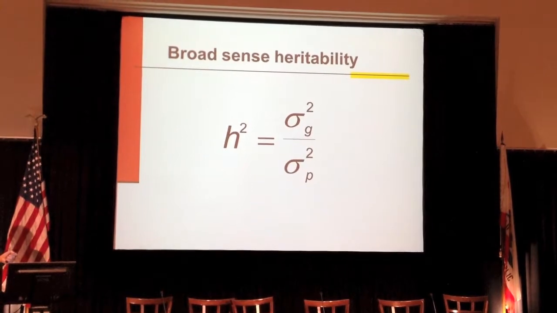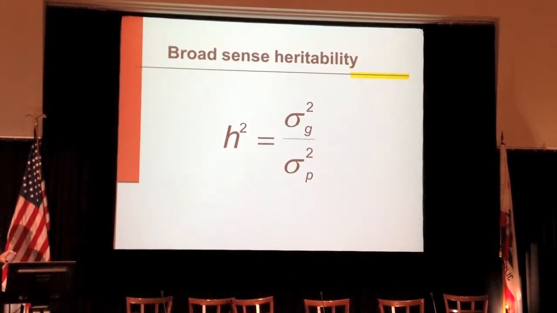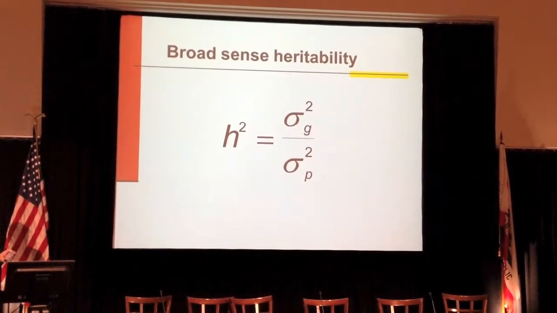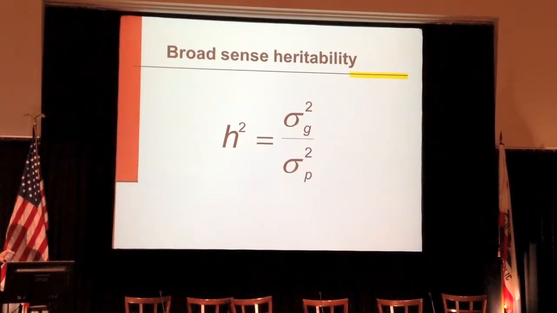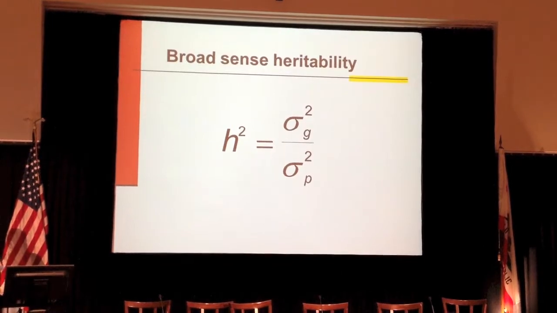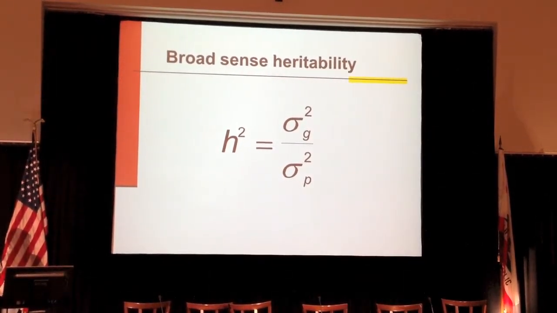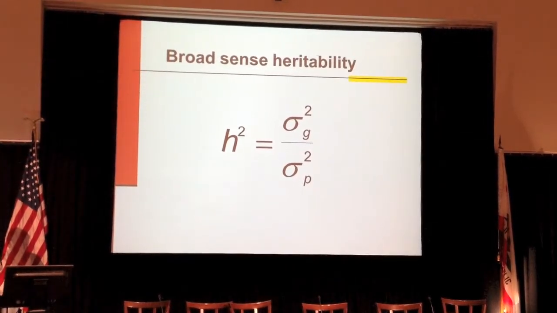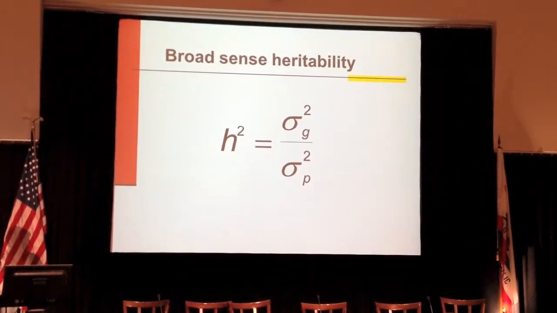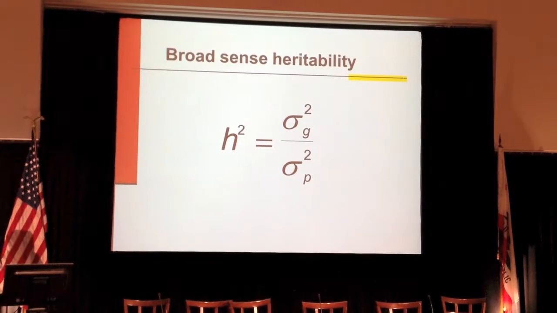It's very common to get a heritability value of 0 or as near to 0 as makes no difference. If you get an h square value of 1, it typically indicates that you have some problem with your model or trait, or something's just not working right. But you can get h square values pretty high, especially with imaging measurements such as head size or brain volume. H square values are typically between 0.8 and 0.9.